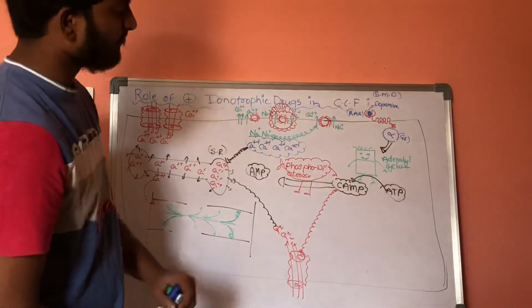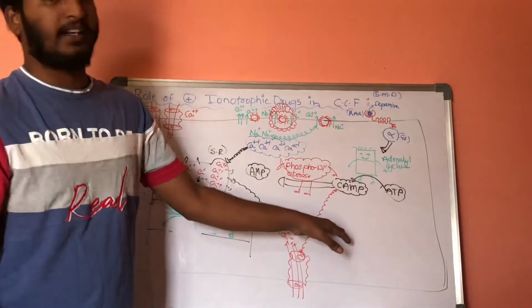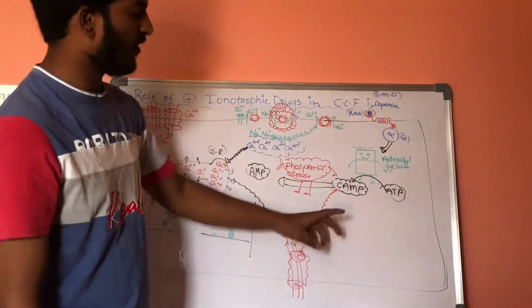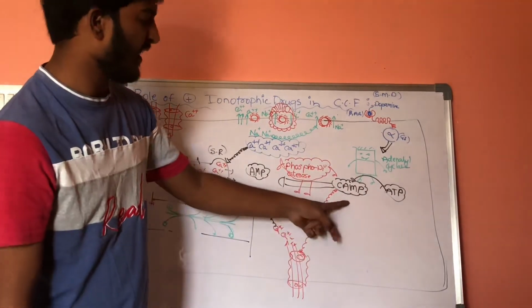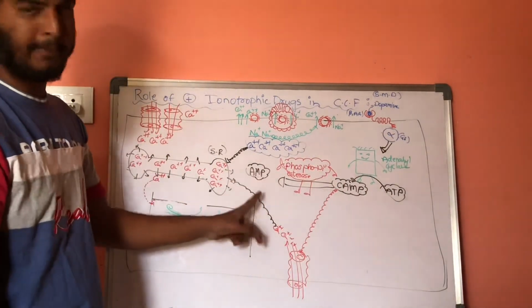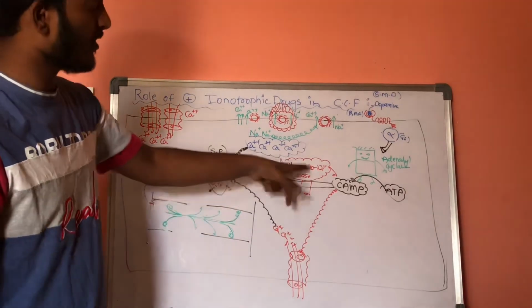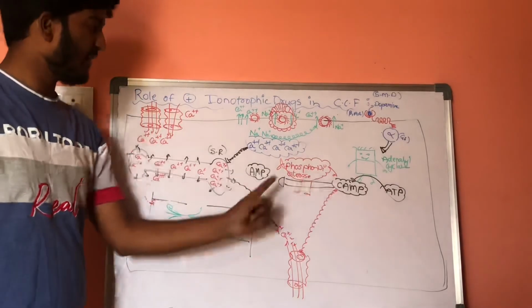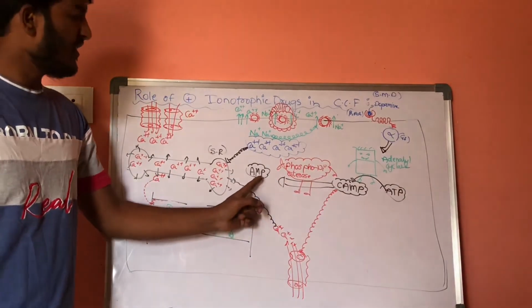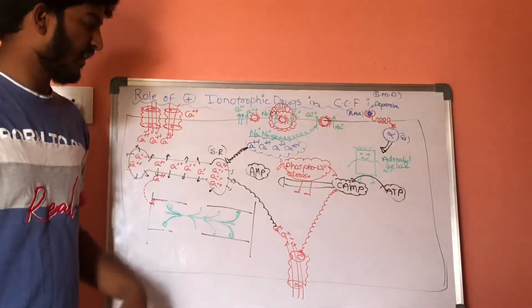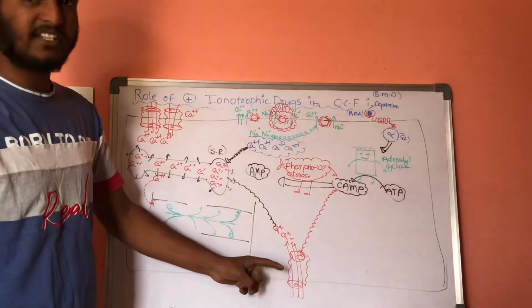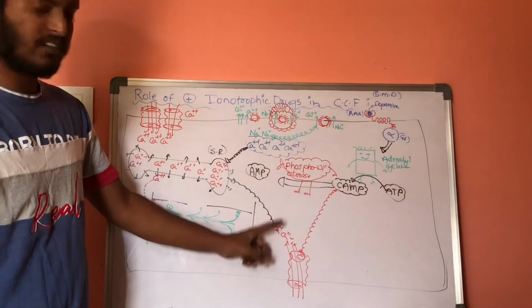But if it is left free, it results in tachycardia. In order to overcome this tachycardia, this cyclic AMP gets converted into AMP with the help of the enzyme called phosphodiesterase. Whenever cyclic AMP is converted into AMP, this AMP cannot activate the calcium channels. If AMP cannot activate these calcium channels, there is no influx of calcium ions.